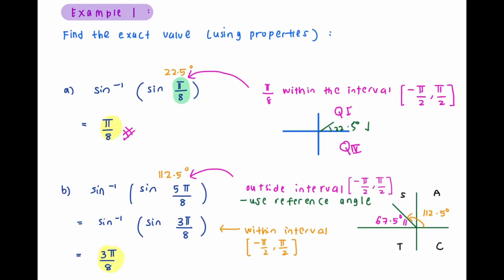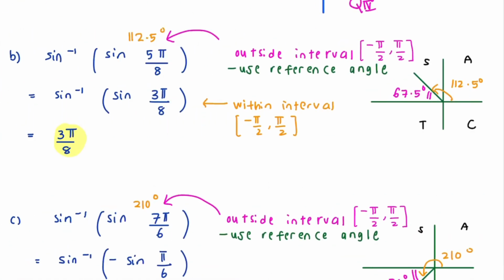Now let's see question B. Inverse sine composed with sine 5 pi over 8. Again, we are not familiar with this, so let's change to degrees. This is 112.5 degrees. Let's draw our quadrant here. 112.5 is in quadrant 2.